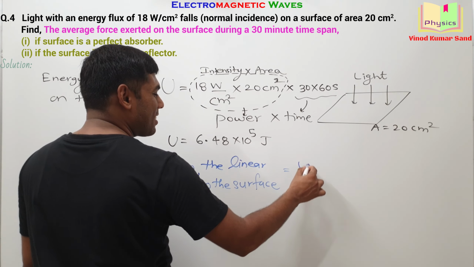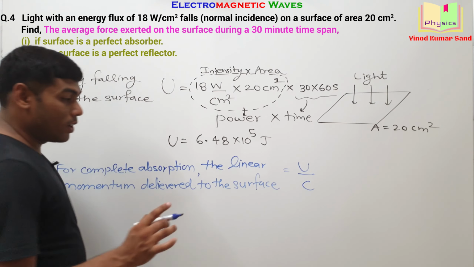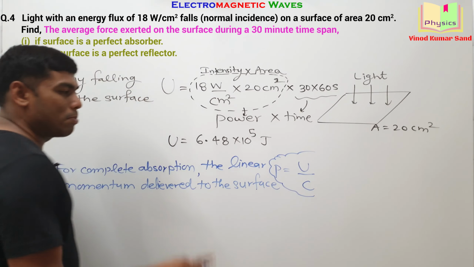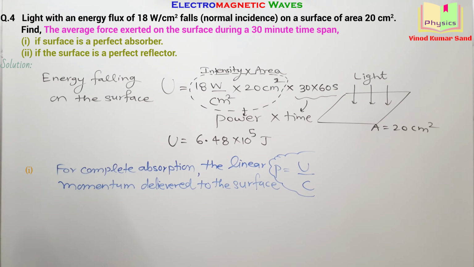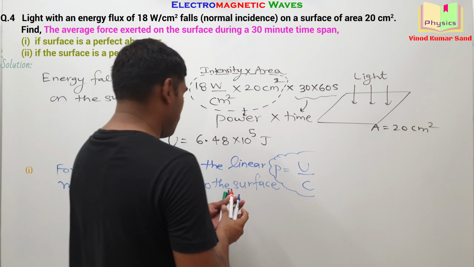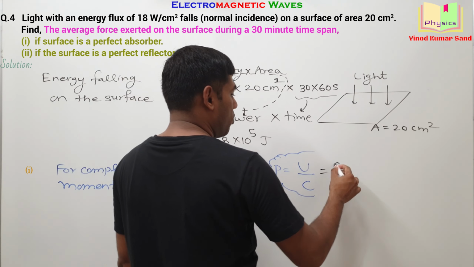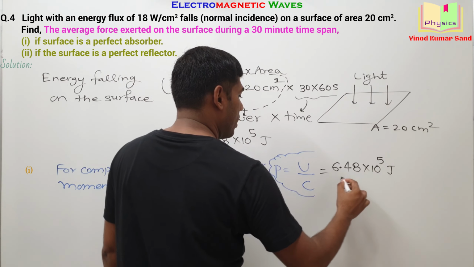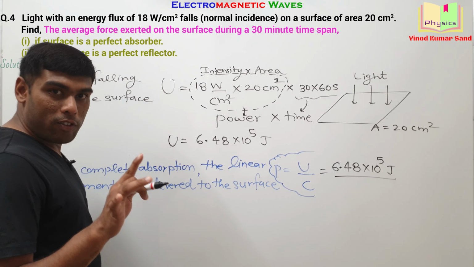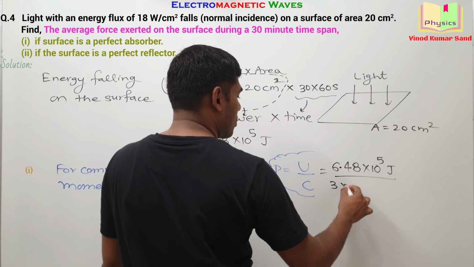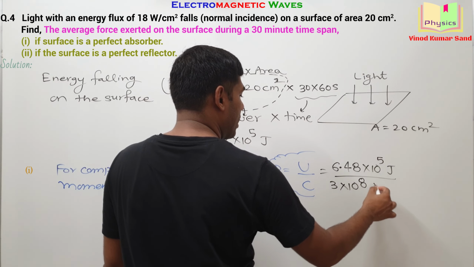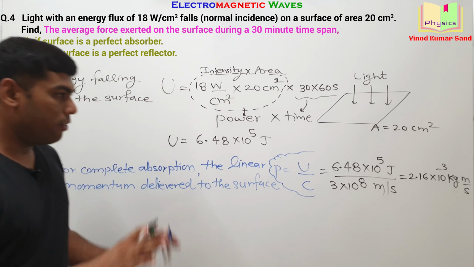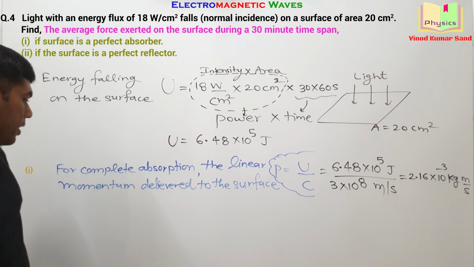You can write this as U by C. P is equal to U by C. If you remember the theory part, we have seen that formula for complete absorption. U is available, 6.48 into 10 to power 5 joule, and C is the speed of light in vacuum, which we can write as 3 into 10 to power 8 meter per second. You can do the calculations yourself and verify the data.